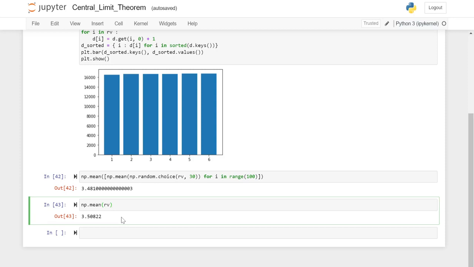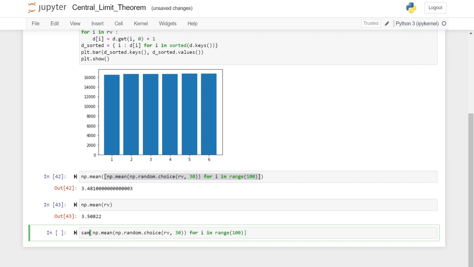What is our second task to be done? Now we will see how the distribution of these sample means is going to be, how the distribution will look like. So we will take this entire stuff, and we will give it a name.